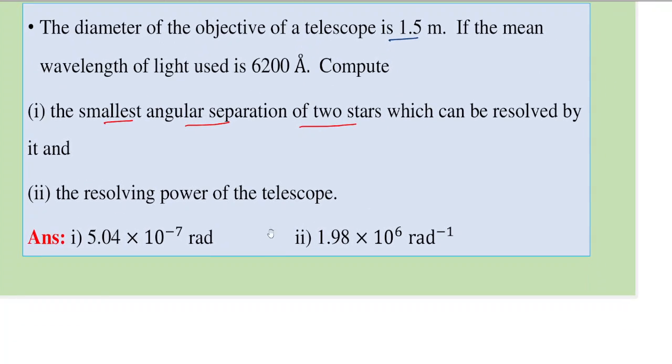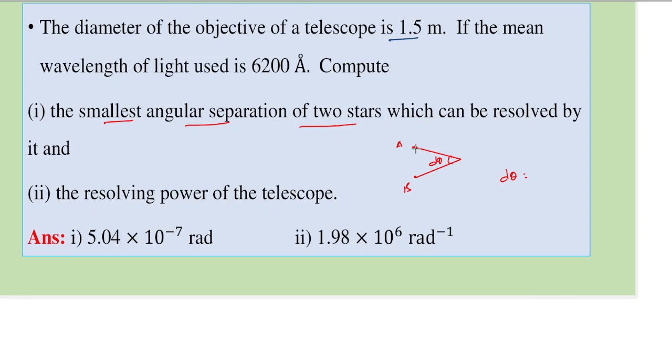We learnt in theory class that in case of a telescope, the limit of resolution, which is called as d theta, is the minimum angular separation that the two objects make with the eye. For example, if we call this object A and object B, these objects will make some angle with the eye or the objective lens called as d theta.